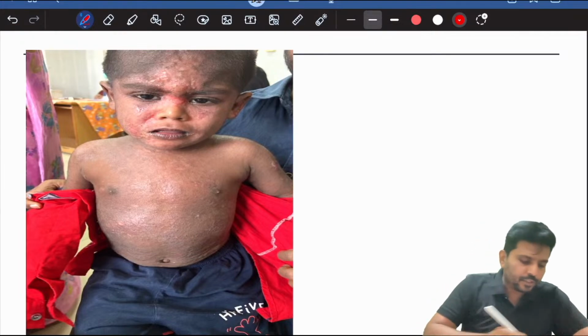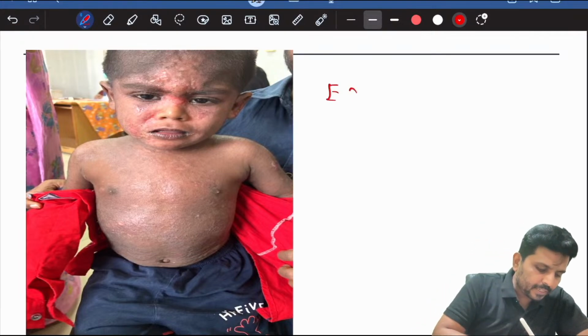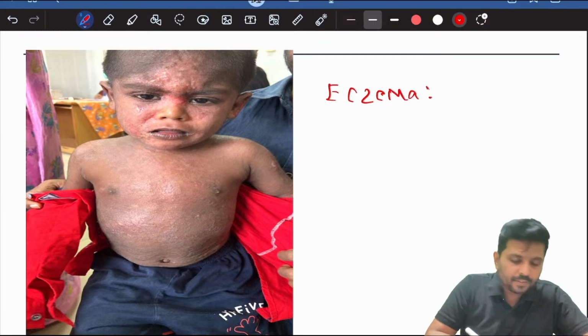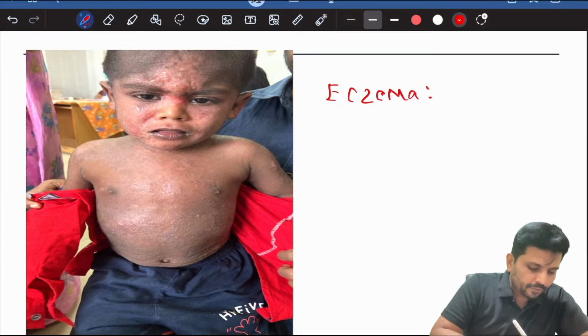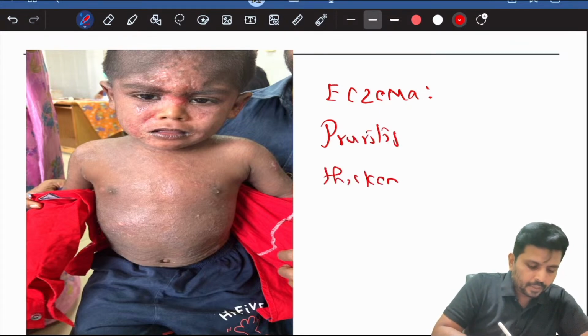And what is this? Look at this. The child is having severe eczema, and because of severe pruritus, majority of areas are thickened, otherwise known as lichenification.